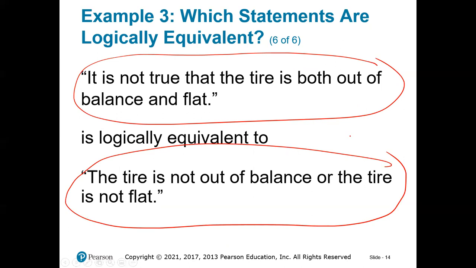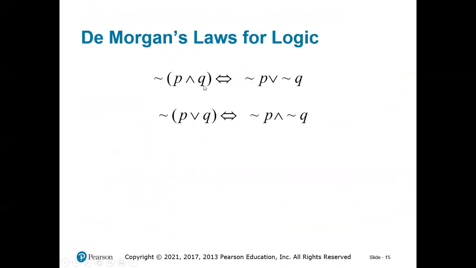So when you say this in the real world and people may accuse you of not being okay, well, you can tell them that saying it is not true that the tire is both out of balance and flat is the same thing as saying the tire is not out of balance or the tire is not flat. These are the same statements. Okay, De Morgan's law.